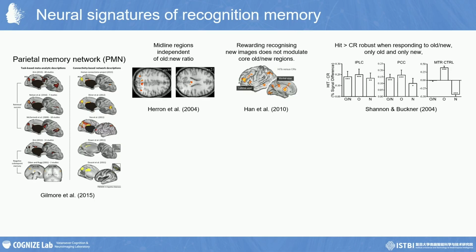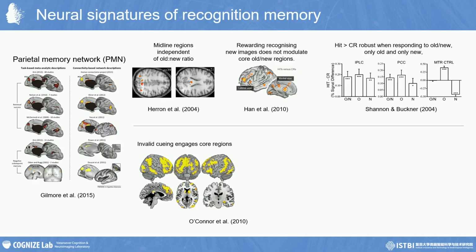So it's a very robust effect that doesn't seem to suggest that it's pure targetness that is driving these retrieval success effects. However, there's also work that shows in an attentional task, like a Posner task, if you have an invalid cue, you find the same kind of regions that also show higher activity, a more salient effect.